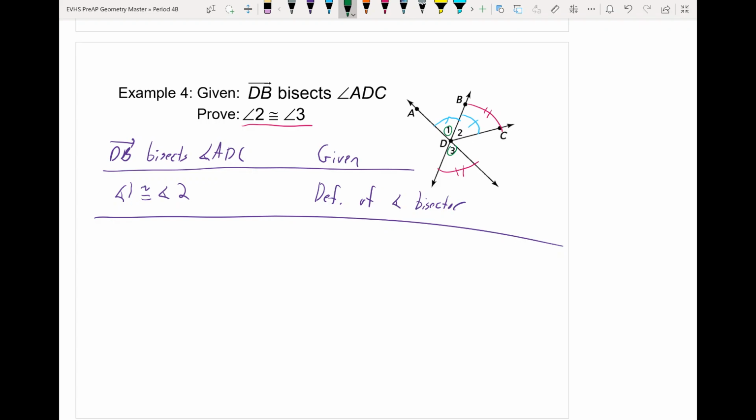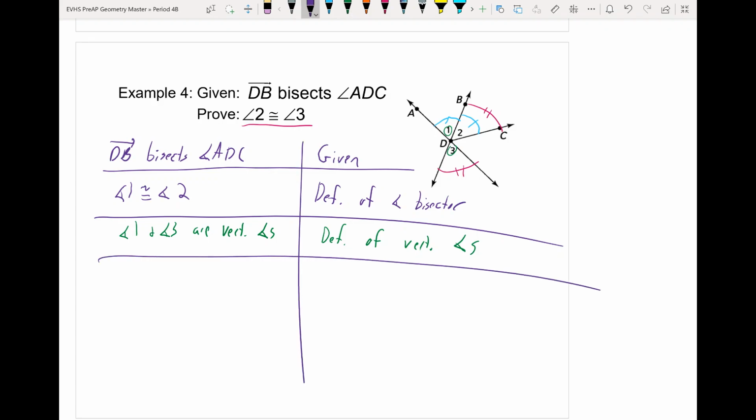So I'm going to write that in there. Angle 1 and angle 3 are vertical angles, by the definition of vertical angles. And now, because they're vertical angles, I can say that angle 1 is congruent to angle 3, and that is based on the vertical angles theorem: anytime I have vertical angles, they are congruent.